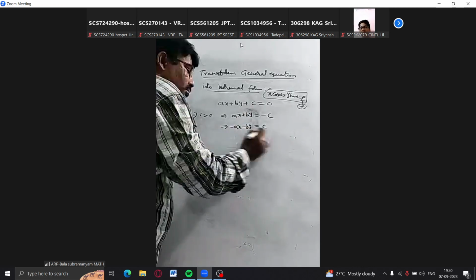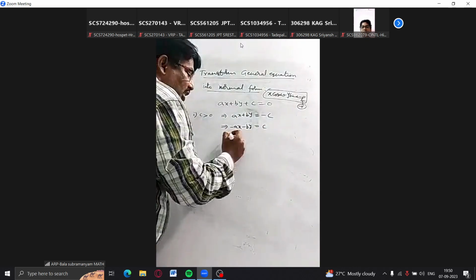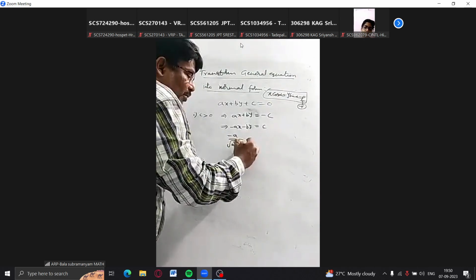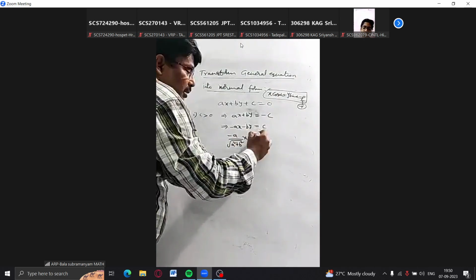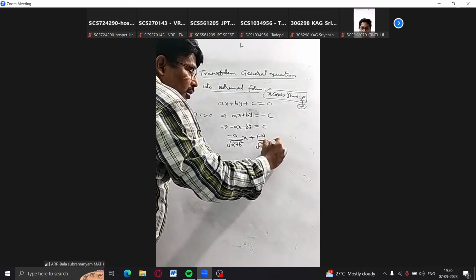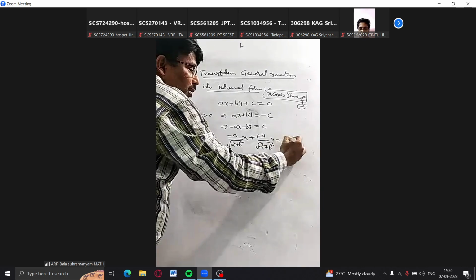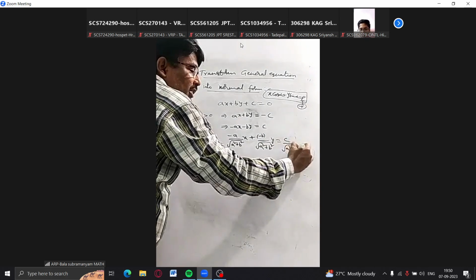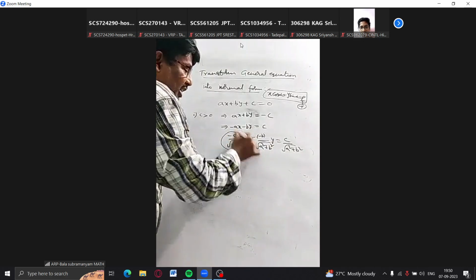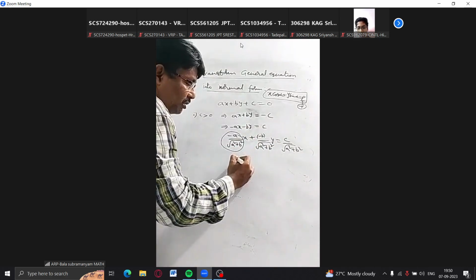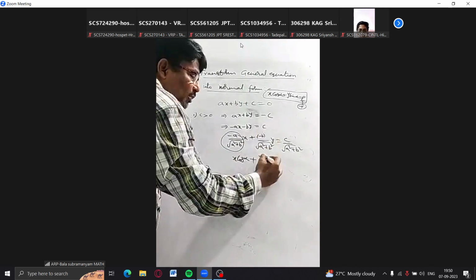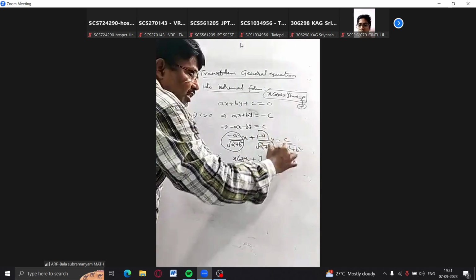Now divide on both sides by root of a square plus b square. Minus a by root a square plus b square x, minus b by root a square plus b square y is equal to c by root of a square plus b square. Here minus a by root of a square plus b square is cos alpha, and minus b by the same is sin alpha.